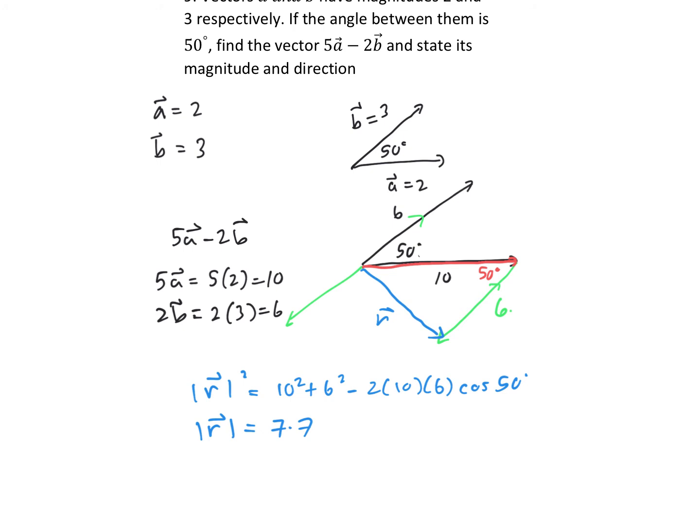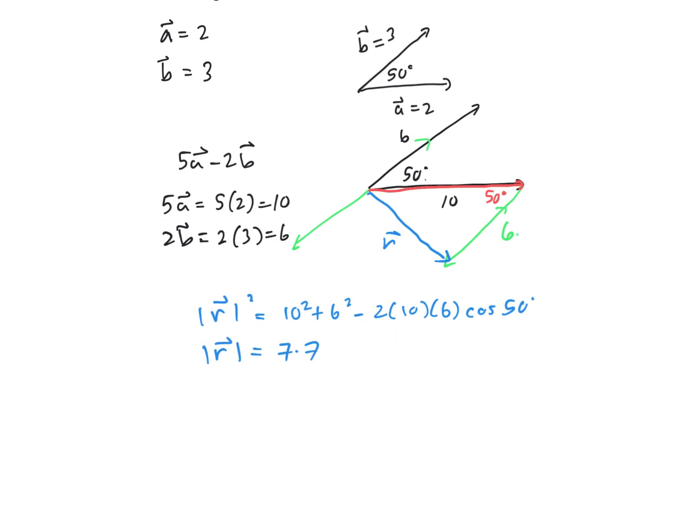Okay, and then if I want the angle, I can use the sine law. I found the value of the resultant is 7.7, which is across from the angle of 50. And I'm going to find this angle here. The side opposite is 6, and I want the sine of that angle.